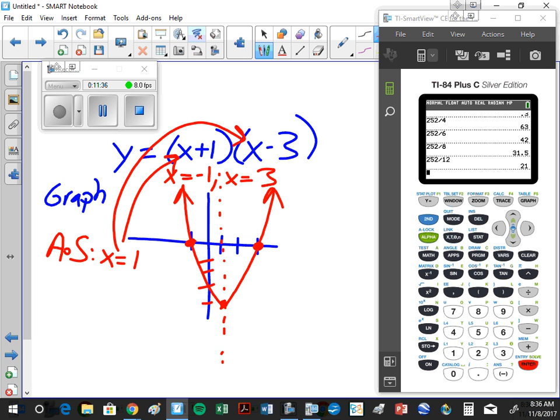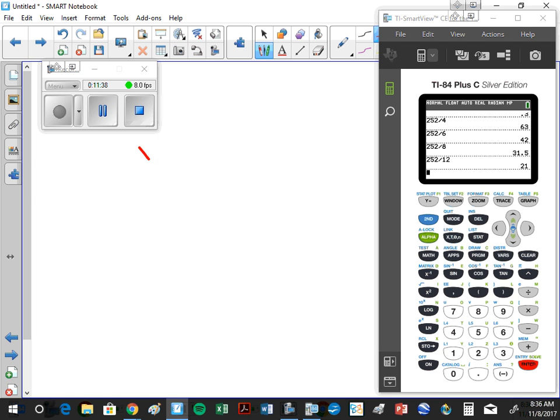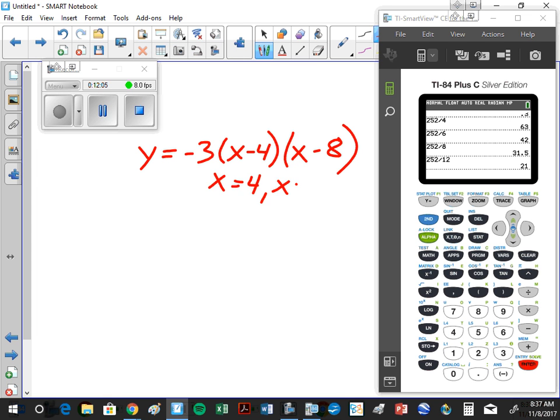Okay? y equals -3 times x minus 4 times x minus 8. What do I know about this parabola? The roots are 4 and 8. x equals 4 and x equals 8.